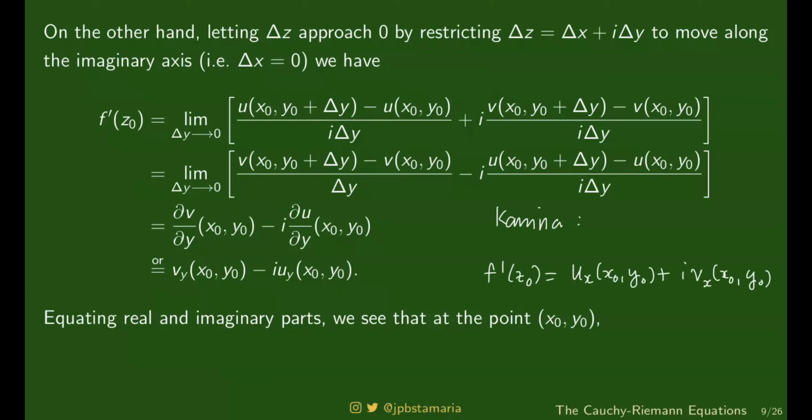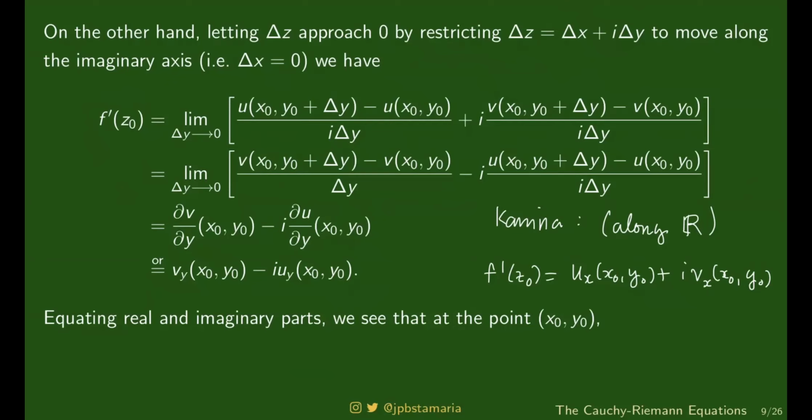Yan yung kanina. Ito yung along the real. Okay, along the real. Ito yung along the imaginary axis. If we are computing technically the same thing, ibig sabihin, dapat yung mga complex numbers na to, parehas ng real part at parehas ng imaginary part. Did you understand?